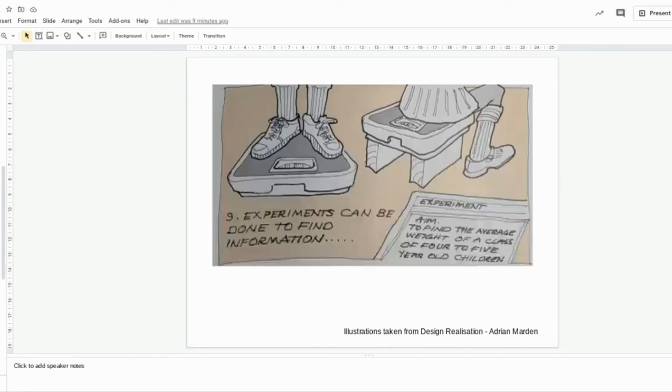Okay, you can obviously then carry out some experiments in order to find further information. So if I use the example of the young children with their toys, it might not be suitable in this current climate to take photos of children in their home.